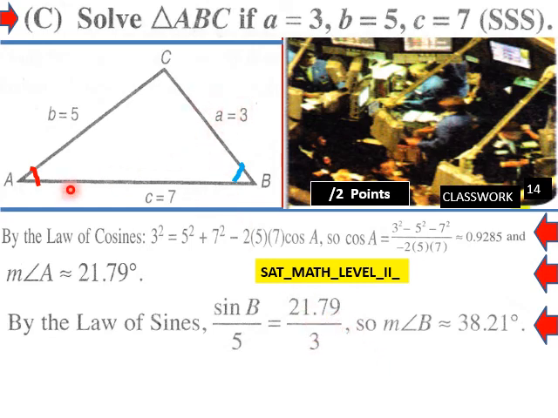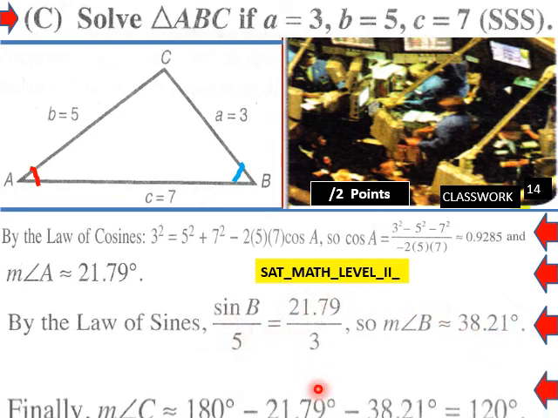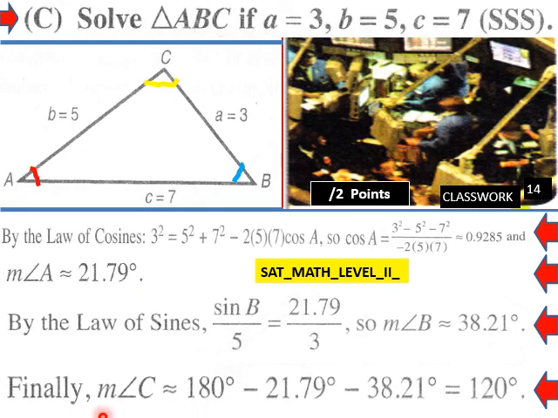We know this and we know this, so we can set up a proportion here, and so the measure of angle B becomes 38.21 after we do our math here. And then finally for the measure of angle C, it's 180 minus 21.79 minus 38.21, and it comes out to being 120 degrees. So once we find two angles, we can always find our third angle.